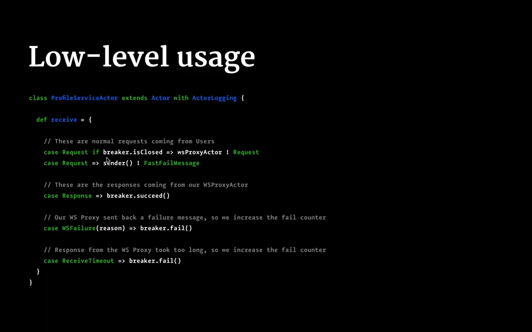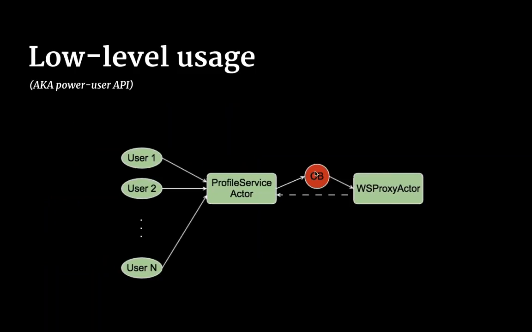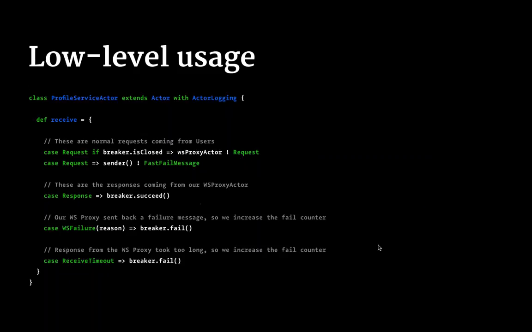Okay. So in this example that we've encoded here, if we have two actors, and what we want is to have the circuit breaker help us with this flow over here, what you would see is something like this. You would see the profile service actor doing the following. When they get a request, this is a user sending a request, I want to go to the web service proxy. I'm going to check the state of the breakers.